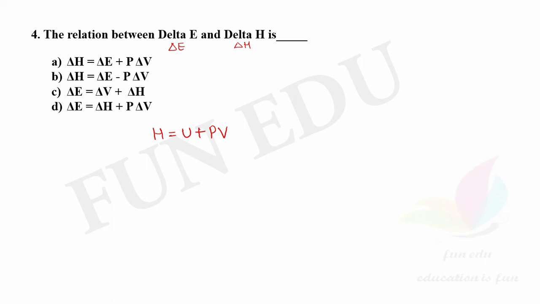Now, suppose you have two systems, then for the two systems I can write H1 is equal to U1 plus P into V1, considering pressure as a constant term, and H2 will be equal to U2 plus P into V2. This is equation 1, this is equation 2, for two different systems or for two different states.